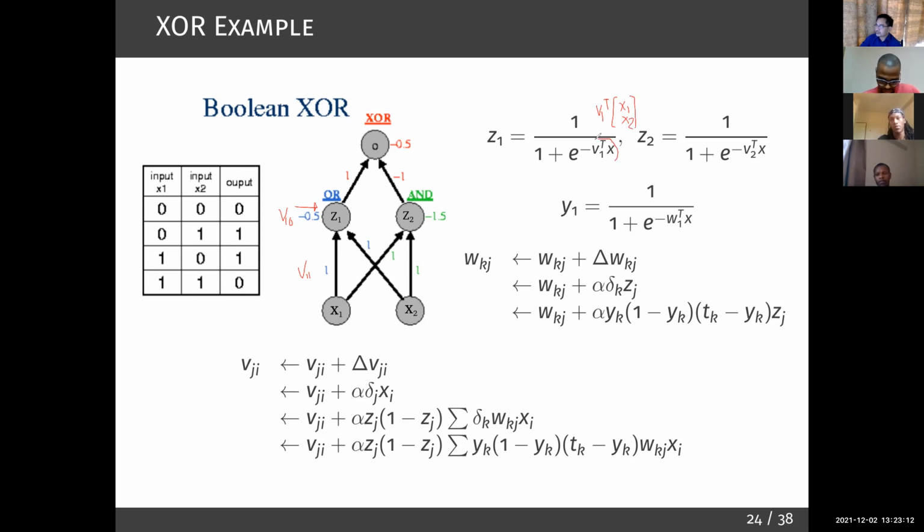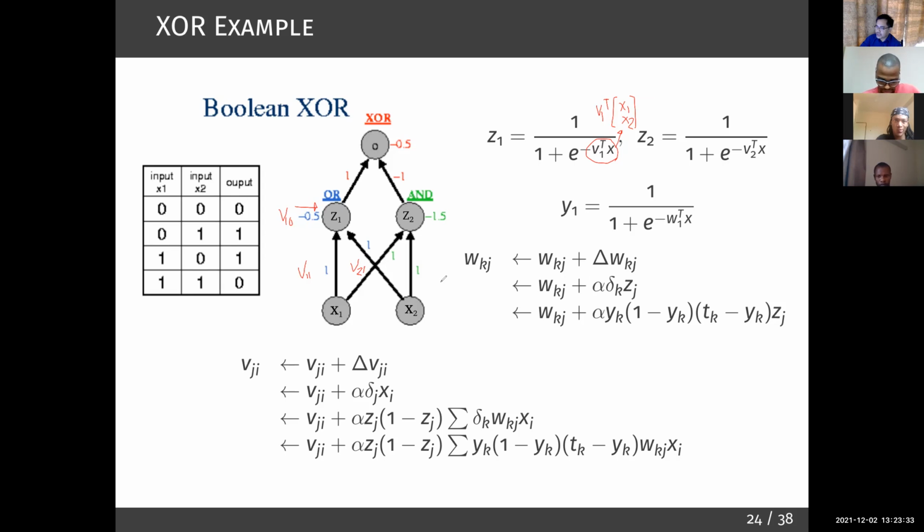And now your V2 is here. The output, so here you also have V20, that's the bias, and this is your V21, and this is your V22.